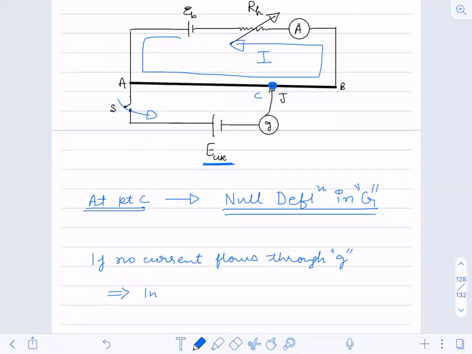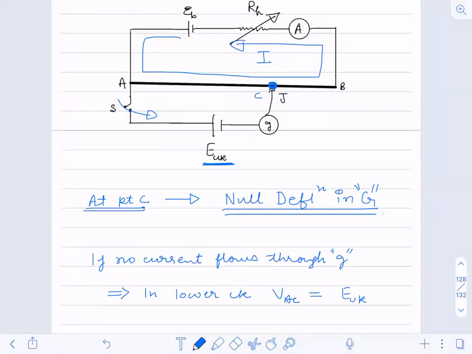In the lower circuit, VAC will be equal to E unknown. If the potential difference is the same, then there will be no current. That is what we wanted.